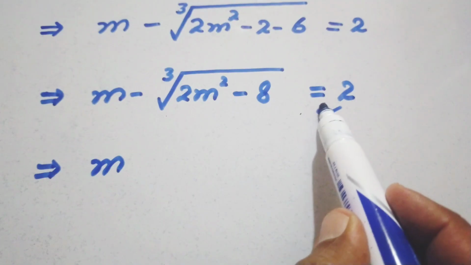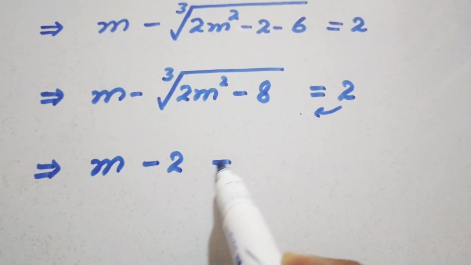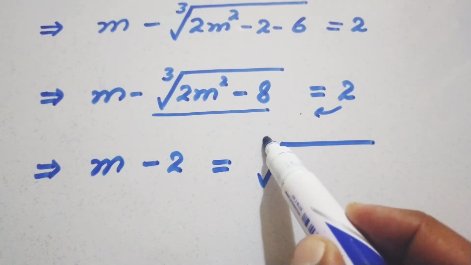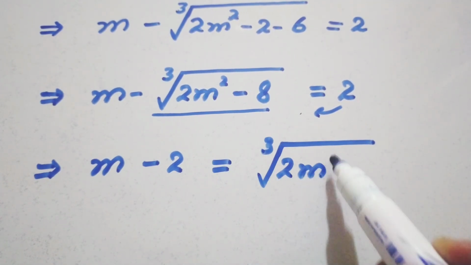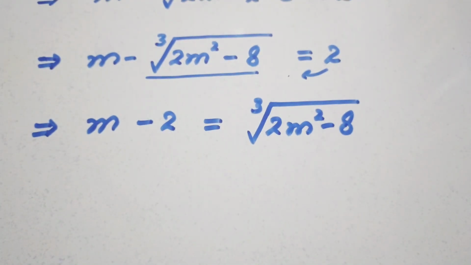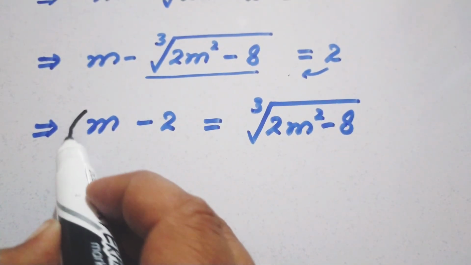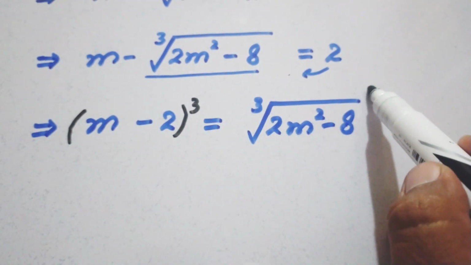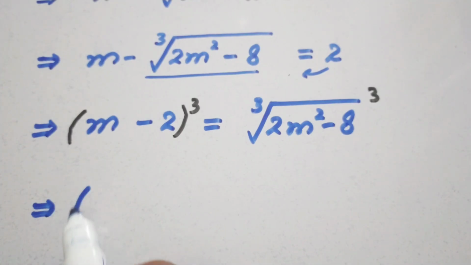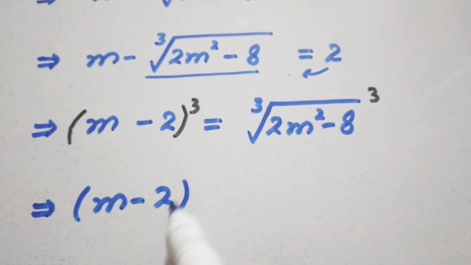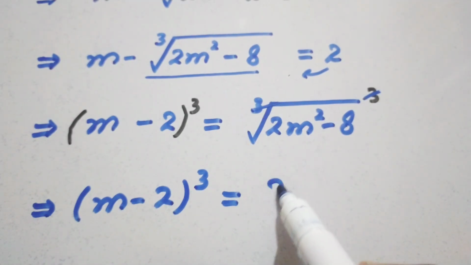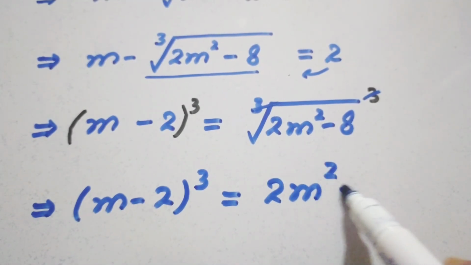Here m minus 2, and when we move this to the right hand side, it will be positive cube root of 2m squared minus 8. So now taking cube on both sides, m minus 2 whole cube is equal to, this cube will cancel with this cube root, and we will be left with 2m squared minus 8.